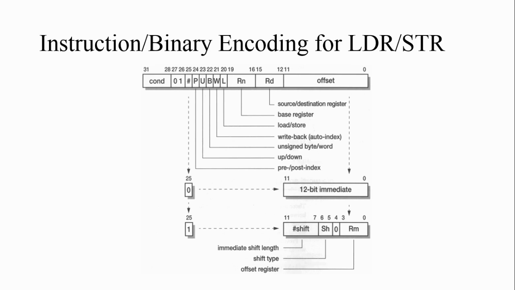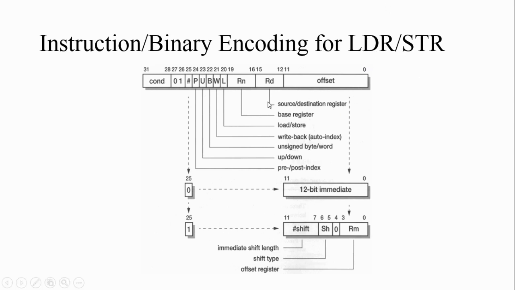That is what I told you: you are reading from memory into a register. That register is known as the destination register. The destination register is configured by these 4 bits: 12, 13, 14, 15. By configuring these 4 bits, you configure the destination register, right? That is in the case of LDR.